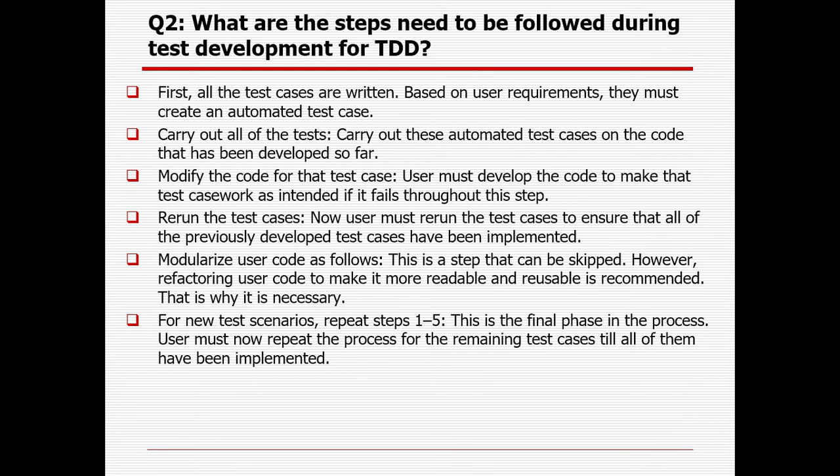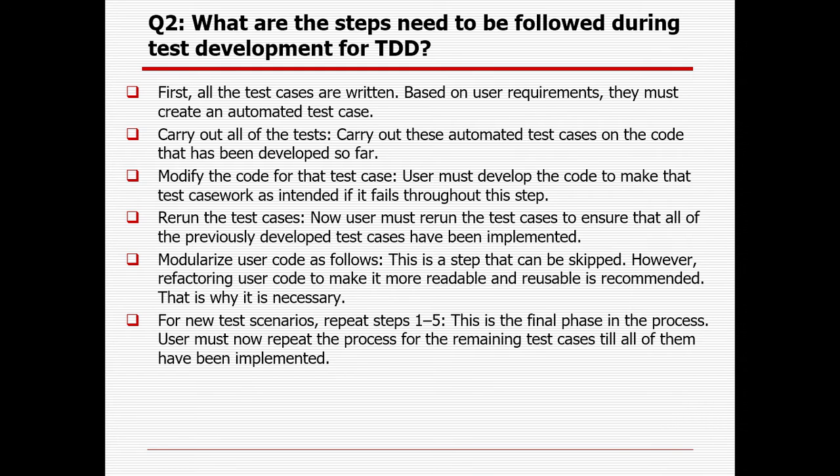In the third step, the user must develop the code to make sure that the test case works as intended. If it fails the test step, then we rerun the test case. Here the user must rerun the test cases to ensure that all of the previously developed test cases have been implemented properly or not.